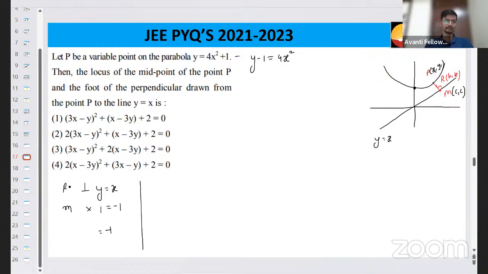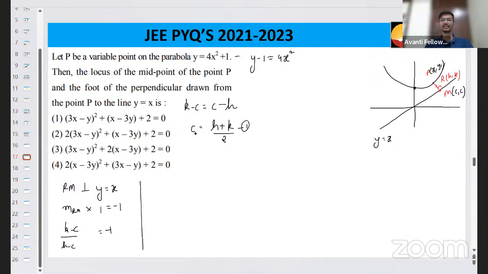So RM is perpendicular, so the slope of RM, that means (k minus c) upon (h minus c), equals minus 1. That means k minus c equals c minus h. So I think we got c equals (h plus k) upon 2. Let's mark it as equation 1.